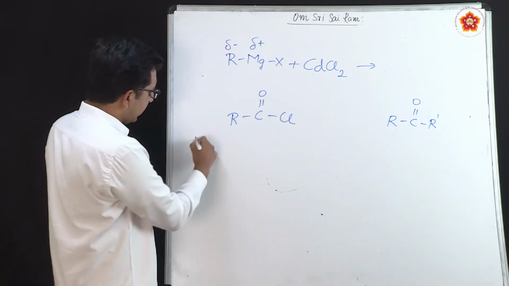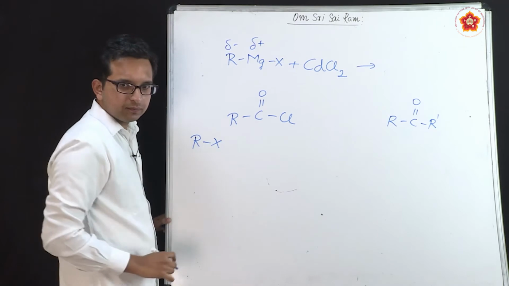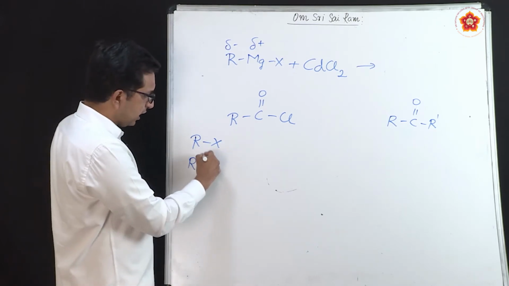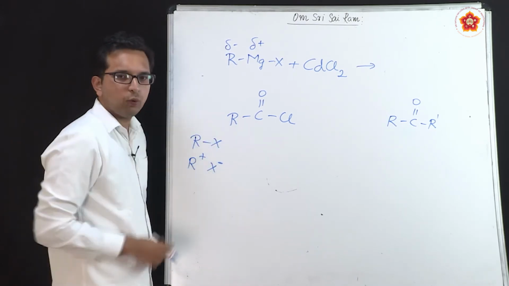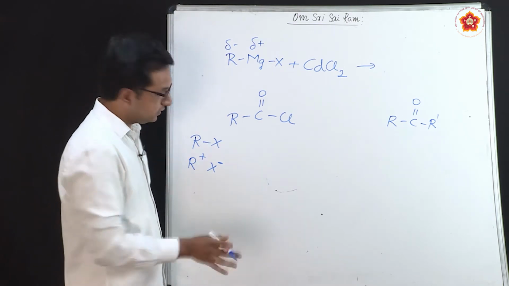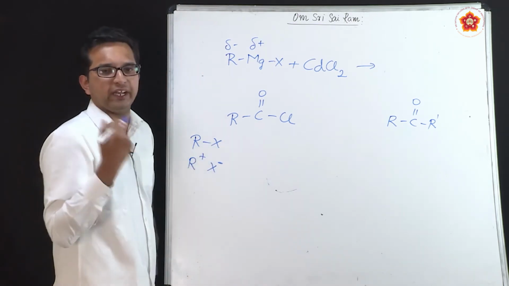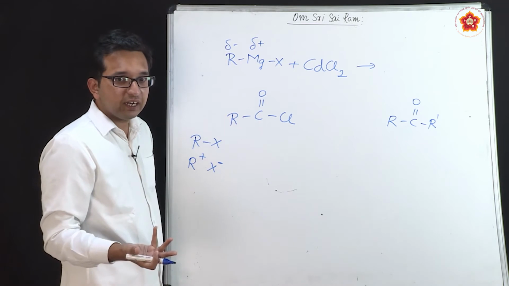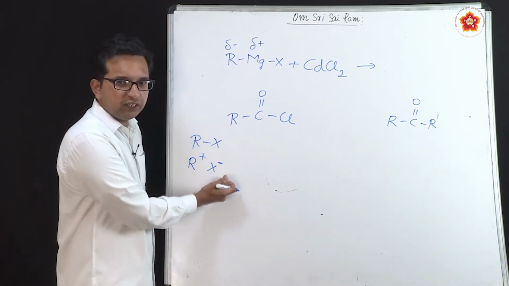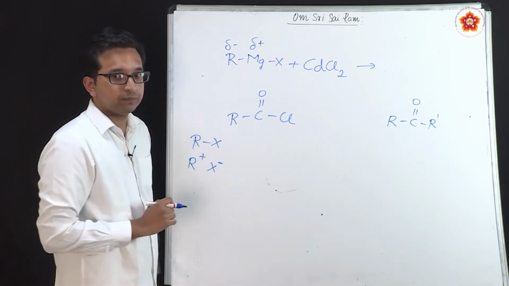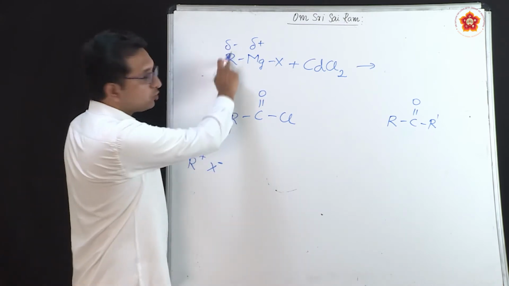We generally know that if we split RX, we are going to split it as R plus and X minus. What is the reason for this? The reason is X is electronegative. Because it is highly electronegative, negative charge on X, positive charge on R. Now, here this actually gives carbanions.